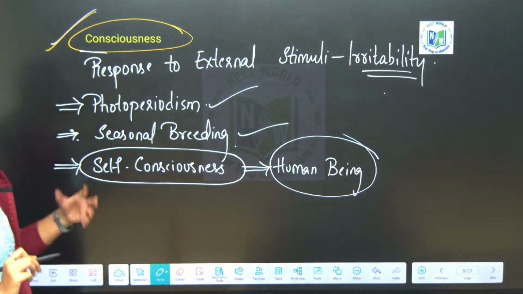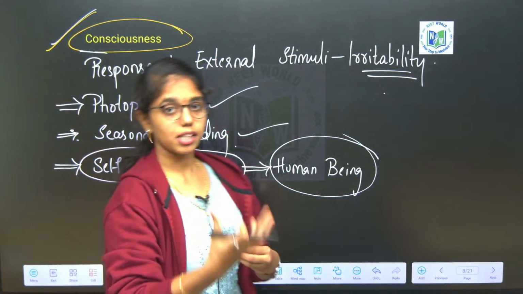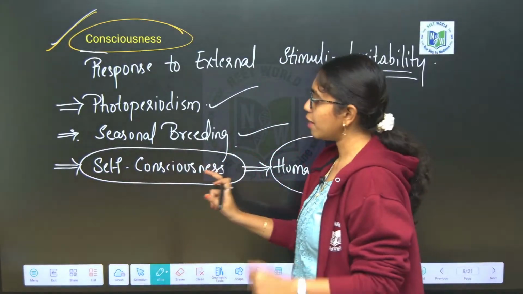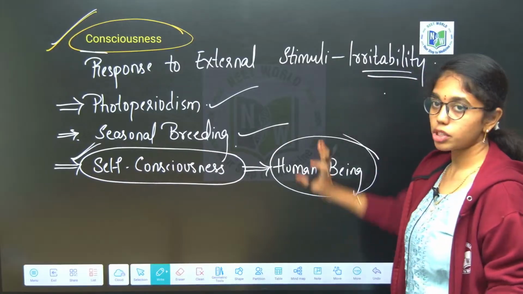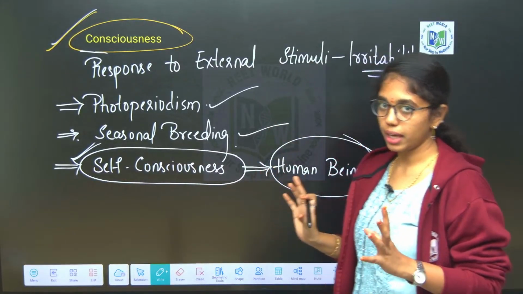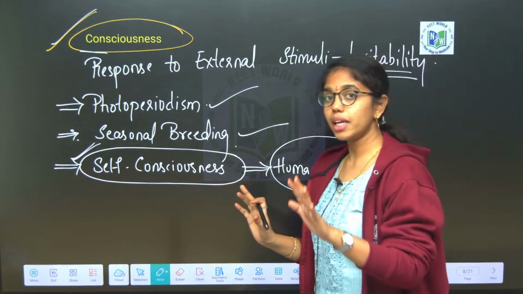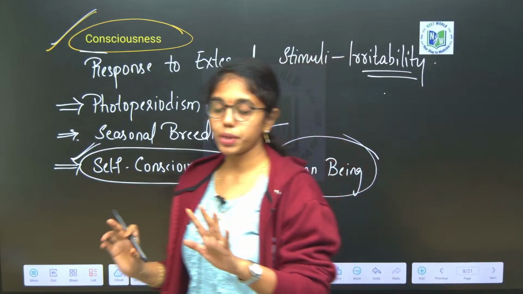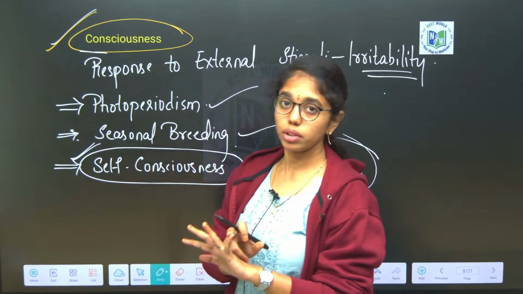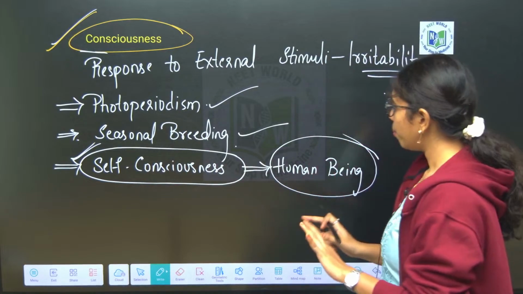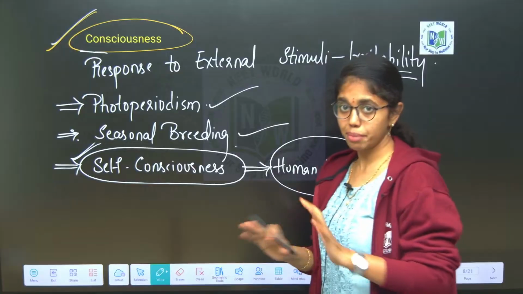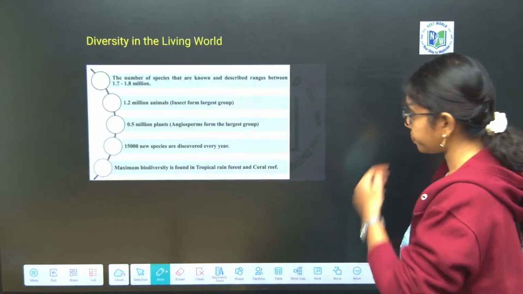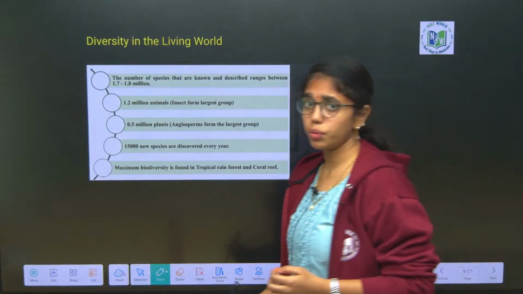It depends on their behavior how they are self-conscious or not, but self-consciousness is only applicable to what? Human beings. Consciousness is for all living organisms. So, remember this. Characteristic features: growth, reproduction and metabolism. Defining features: cellular organization and consciousness. Simple, right? Easy.